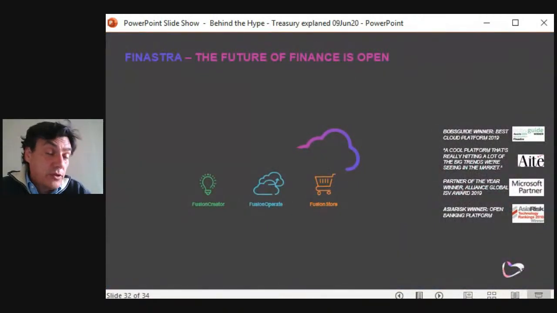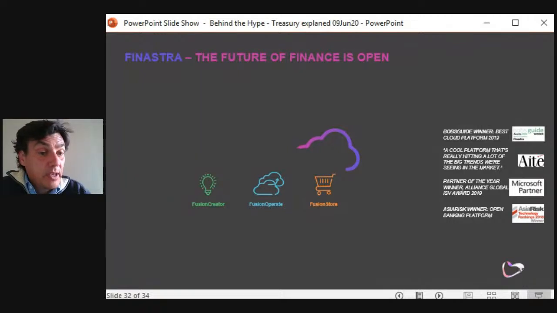And I have to come back to Finastra. I started with Finastra, I have to finish with Finastra, because you certainly know that we are very active in that space. We have a platform called FFDC, Fusion Fabric.cloud, and this is exactly what we are doing right now with our treasury system.